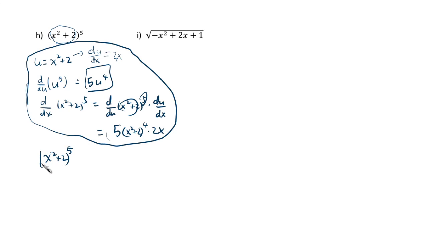You just think about this as big X, and the derivative of x to the 5th power is 5x to the 4th, right? So if you differentiate this, it's 5x to the 4th, except that it's not the x here, it's really the x squared plus 2 that's there, okay? But every time you do that, you have to make a copy of the inside function, and you have to differentiate that. Okay, that's the chain rule.